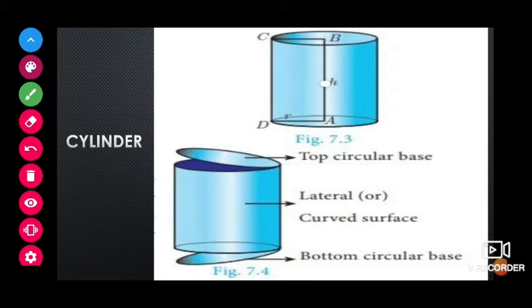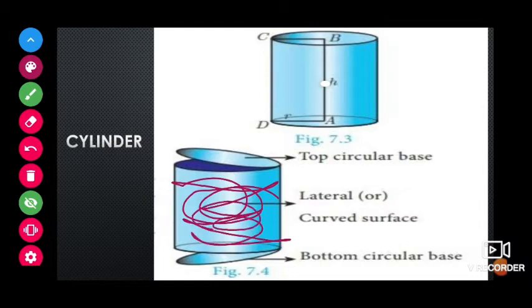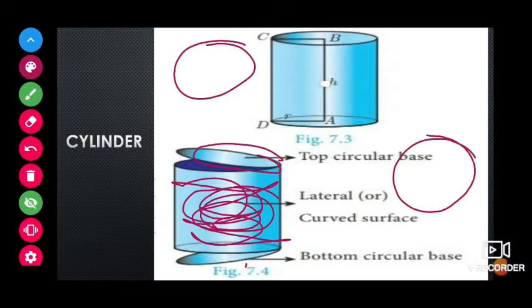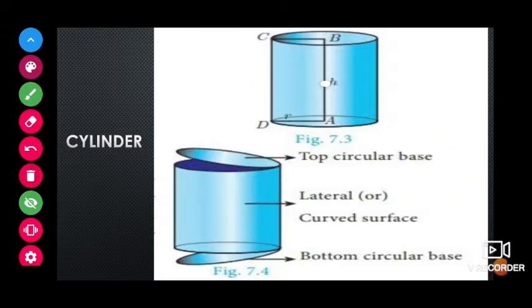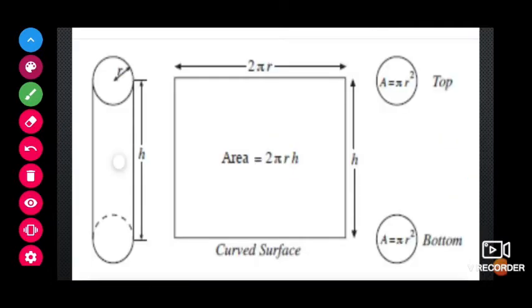If we take the cylinder, children, there will be one curved surface in the middle. Also one top, which is a circle, and one bottom, which is also a circular base. So how can we find the surface area?